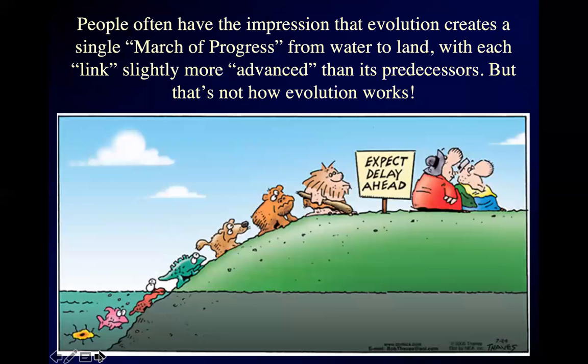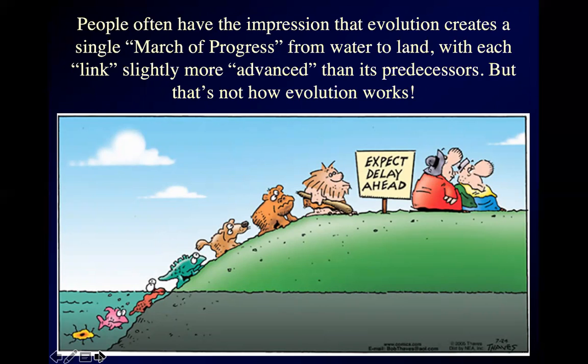And the reason I have been pounding on this is people often get the impression that evolution creates a single march of progress from water to land, and every link is more advanced than its predecessors, like successive models of the iPhone.